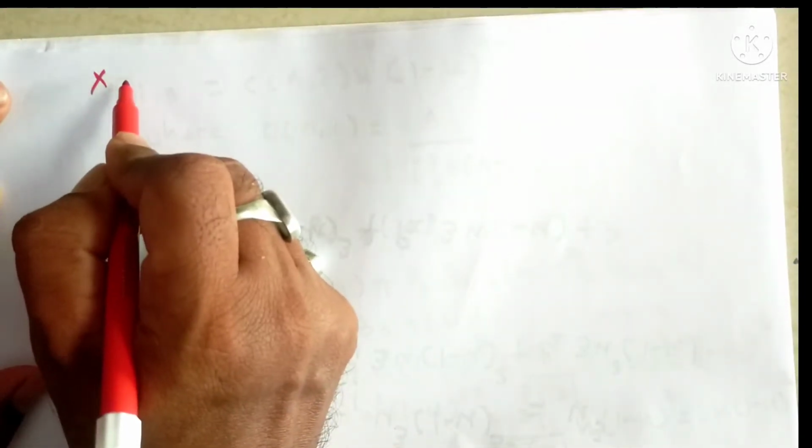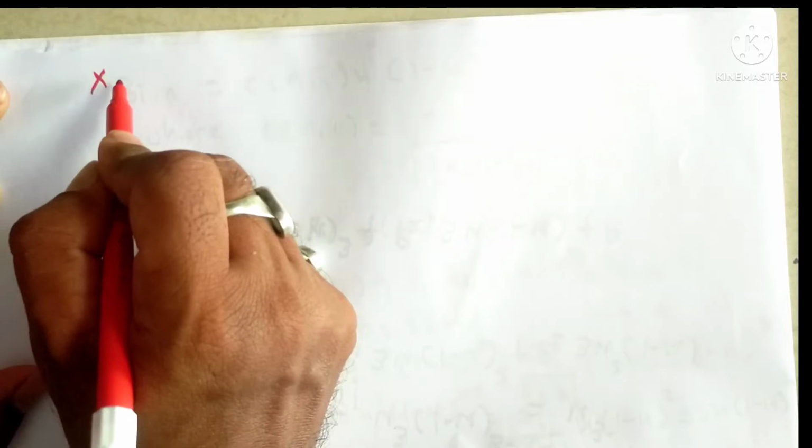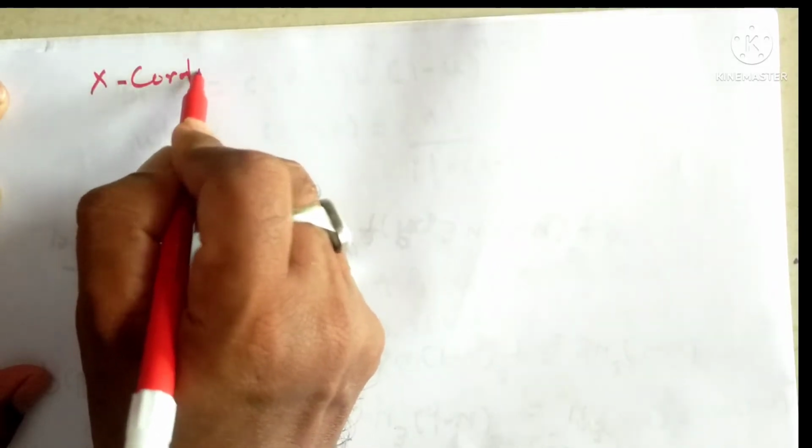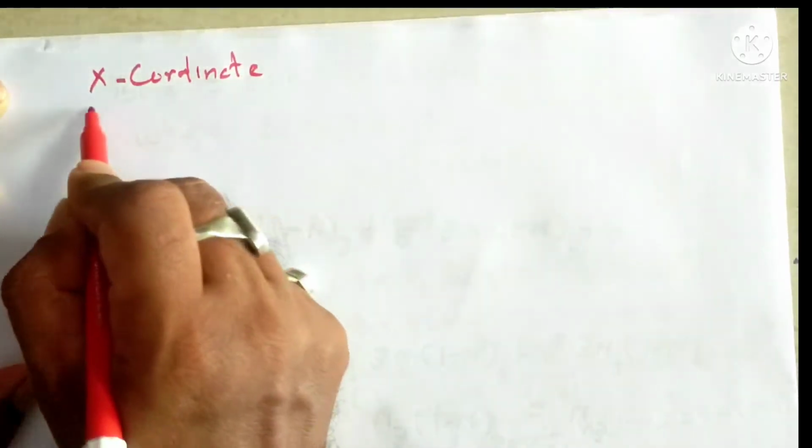So can I represent your x coordinate, y coordinate and z coordinate in the position vector? Yes, it is possible.